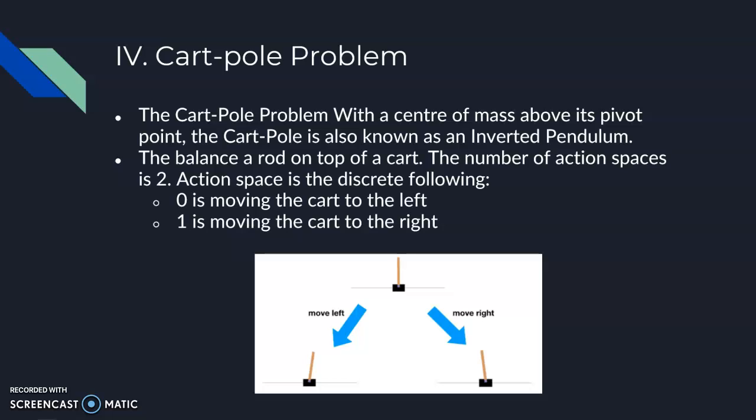When the pole is more than 15 degrees from vertical, or the cart is more than 2.5 units away from the center, the episode is terminated. The pole has dropped on top of the cart. The action space size is 2, with discrete actions 0 and 1. 0 is moving the cart to the left, and 1 is moving the cart to the right.